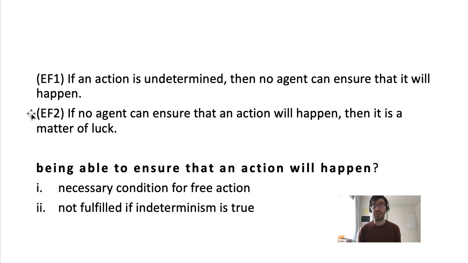And for the argument to be plausible, then the power or ability to ensure that an action will happen has to be a necessary condition for the action to be free, and it has to be such that an agent in an indeterministic world, an agent whose actions are partly indeterministic, doesn't have that ability. And Franklin argues that there's no way of spelling out what this means such that these conditions are both fulfilled. And therefore the insurance formulation is not a threat to libertarianism.